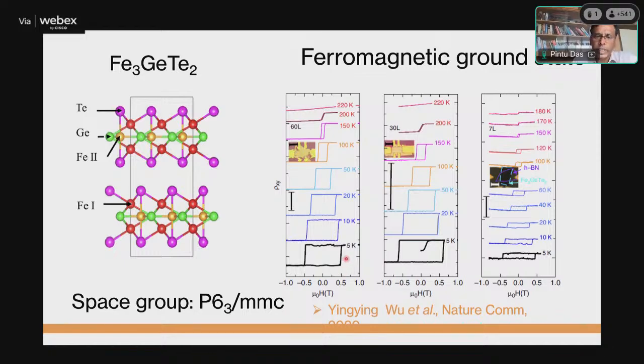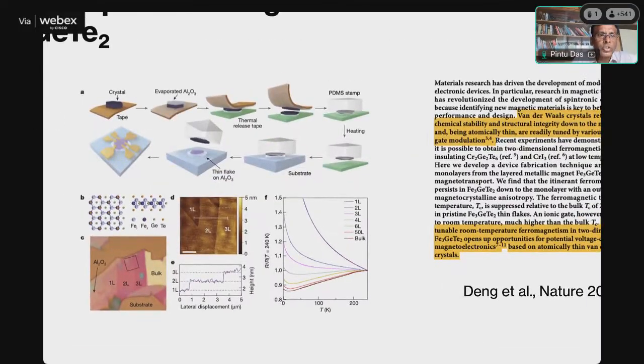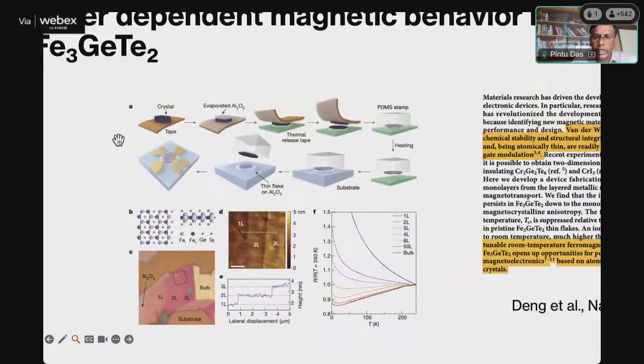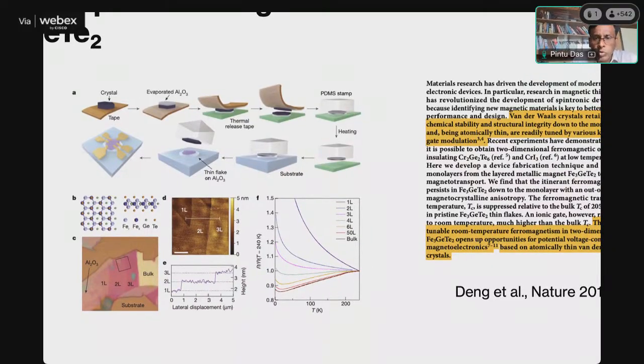The issue here is that it is a very thin film. There is a way to fabricate those. I will not discuss this technical aspect, but let me refer to this group, which was able to successfully study the layer-dependent behavior, starting from monolayer going up to bulk in a very systematic way.